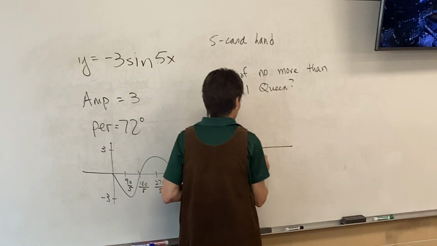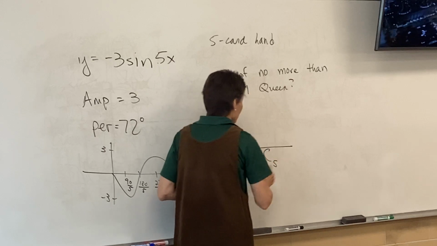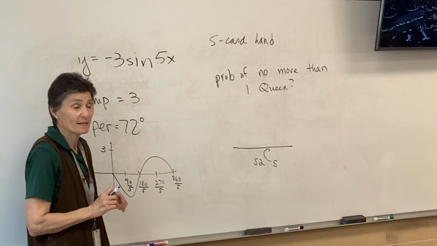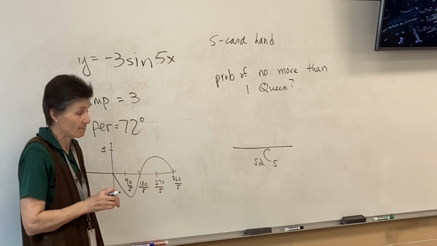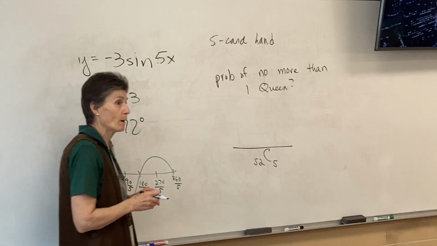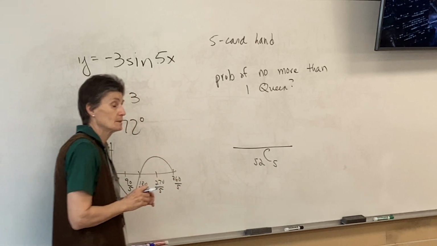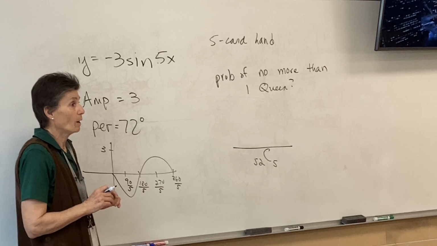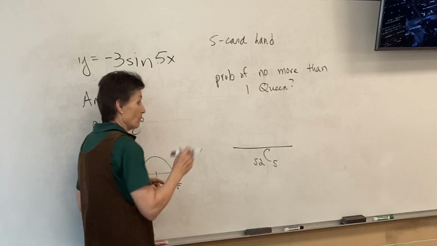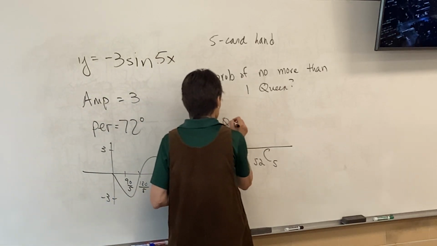52C5 is my denominator. Whatever is happening in the numerator, 52C5 is the denominator because there are 52 cards and I'm picking 5 of them. Now the numerator is what I want. So what do I want? 1 queen.